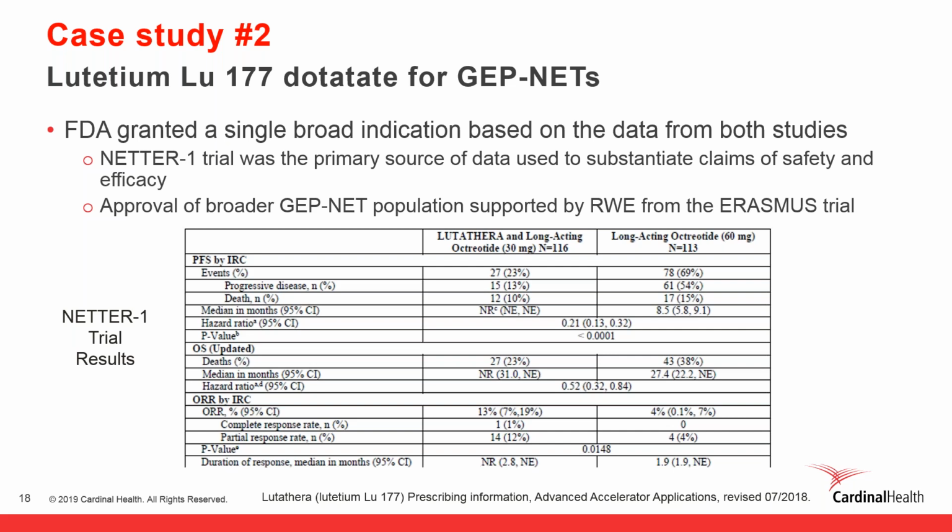However, what is different in this case is that the NETTER-1 trial had a very specific definition of the locations of those GEP-NETs, and the Erasmus trial was actually expanded beyond those specific locations.